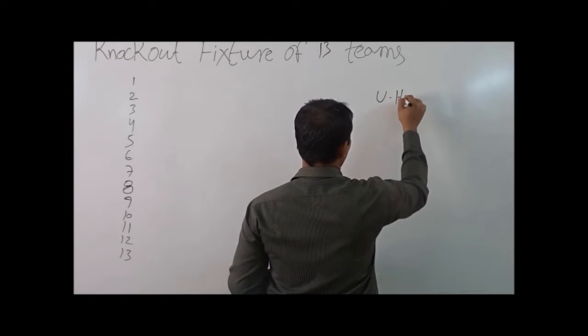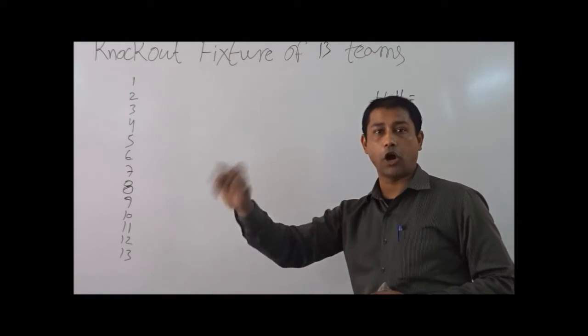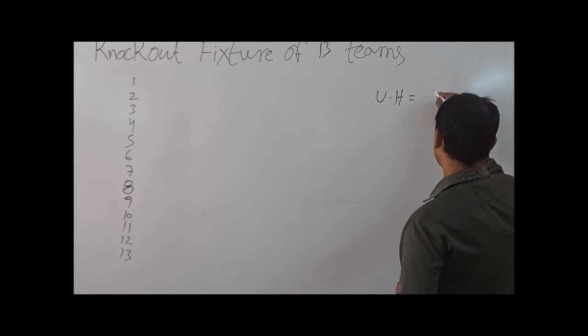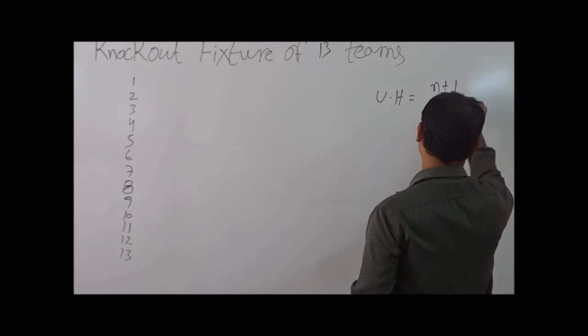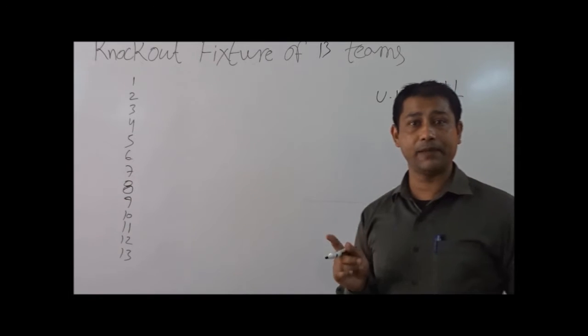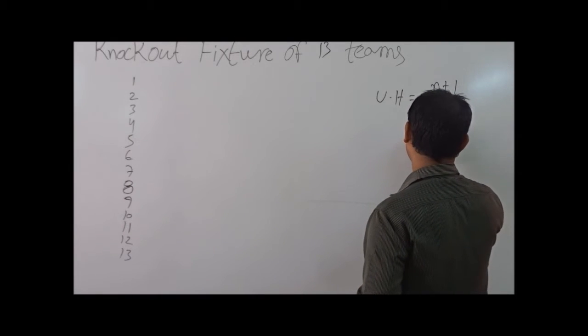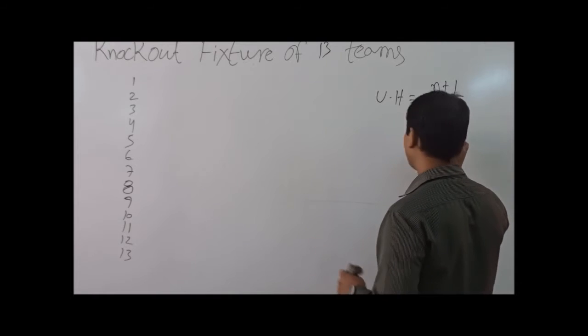For upper half, since 13 teams are odd, the formula will be n plus 1 upon 2. For odd, the formula is n plus 1 upon 2 for upper half, where n means number of teams participating.